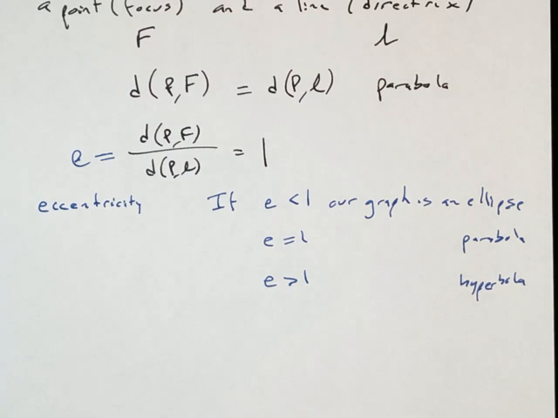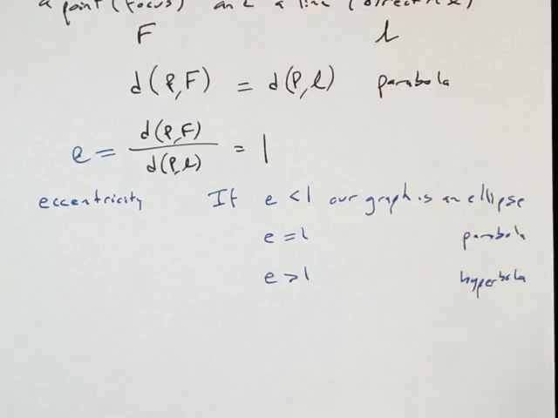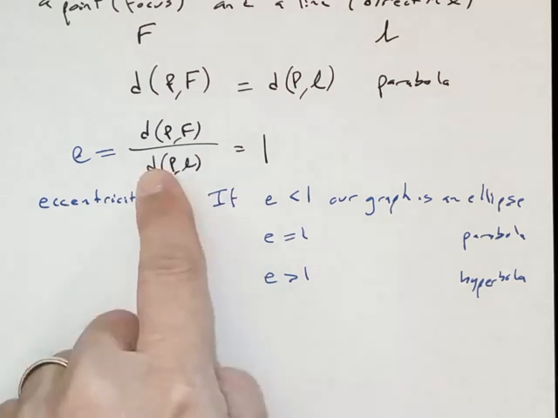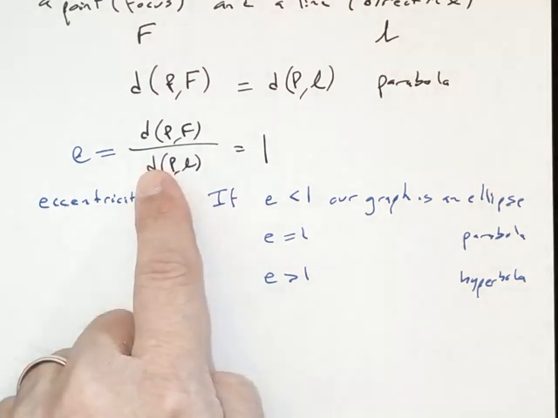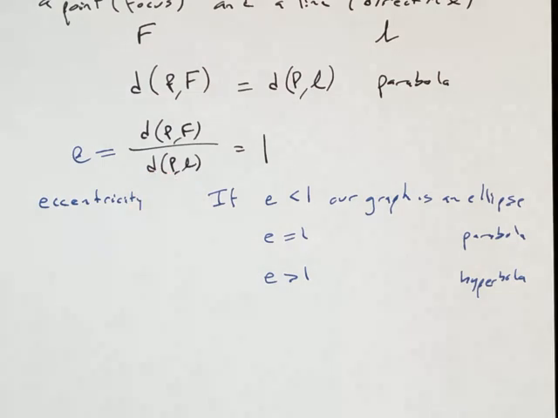In the textbook, there is a lovely set of algebraic exercises where they work through the entire process of starting with an equation that looks like this and turning it into a polar equation. I don't want to go through this. It's a geometric construction.